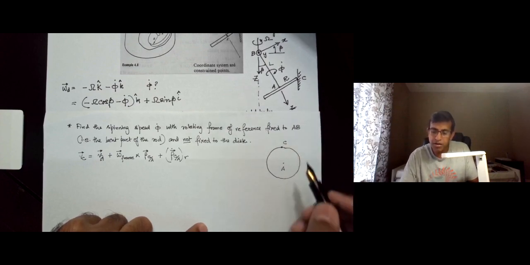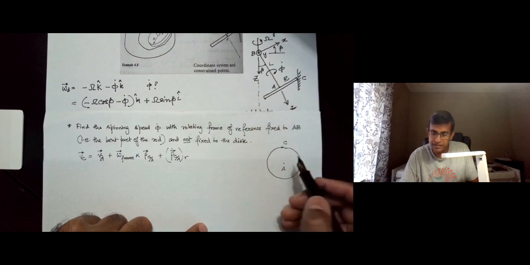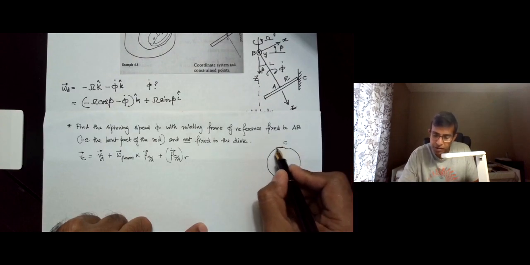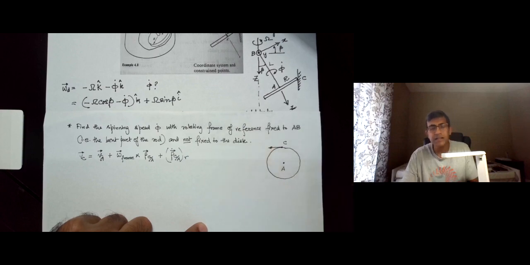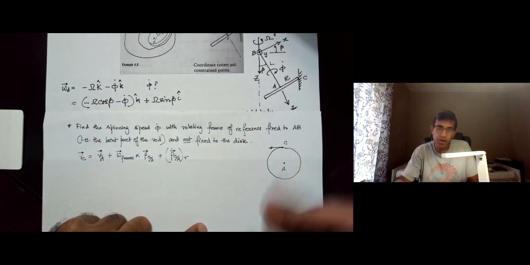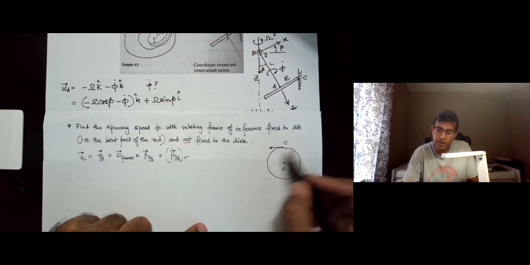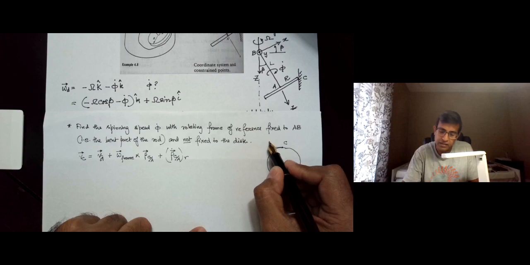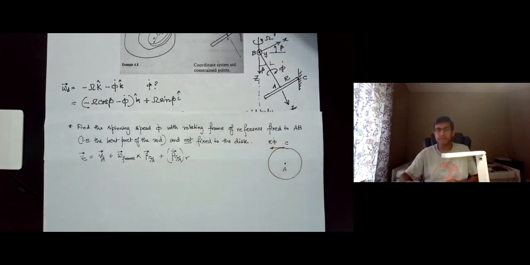Because you are not rotating with the disk, with respect to AB, you will now perceive C to have a velocity because you are not fixed to the rigid body. You are observing the rigid body from above, and you are not moving with the rigid body, and the velocity with which C would be moving with respect to A is going to be due to the spinning speed, and it's going to be R phi dot.